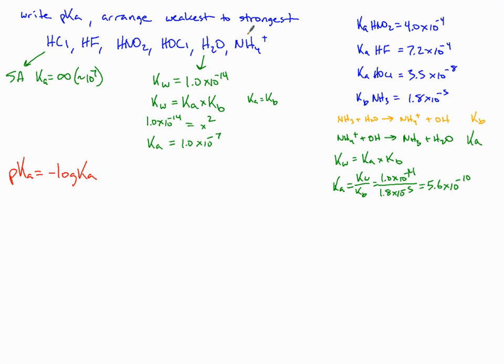So the first one, if we're assuming that the Ka of HCl is something on the order of 10 to the 7th power, if you put that in your calculator, it comes out to be -7 for the pKa.